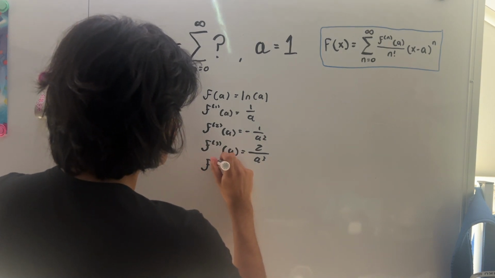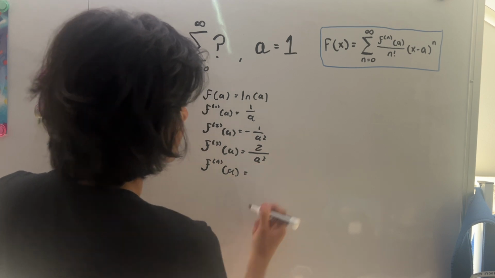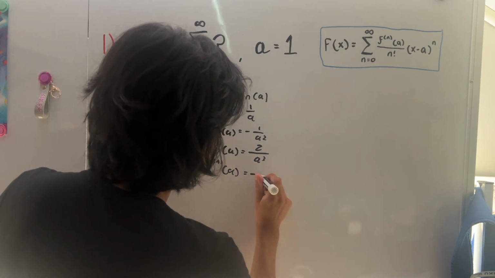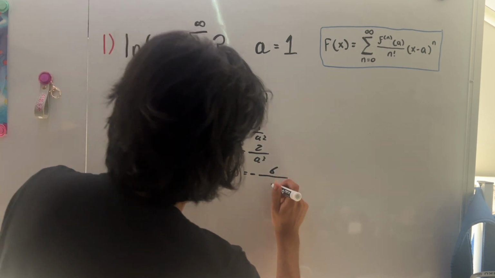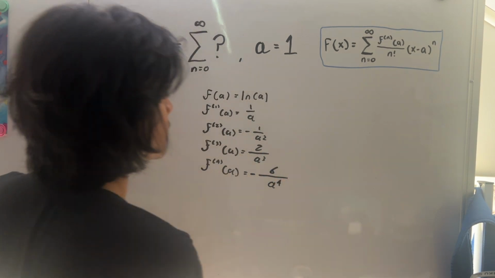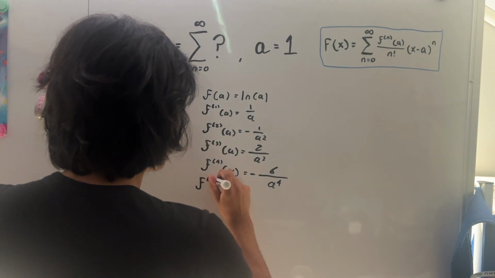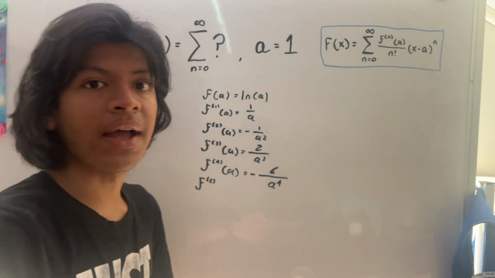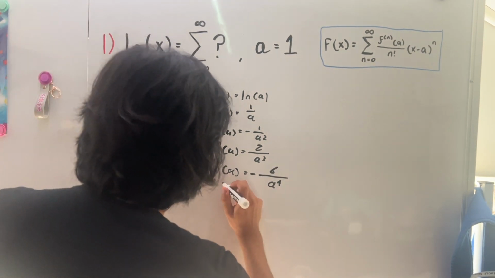Now when we do the fourth derivative at a, the negative comes back in. And now we have a 6. 3 times 2 is 6, and now we have a to the fourth. And now doing the derivative one more time, 5. I usually like to take the derivative 5 times and see if I notice any patterns within them.